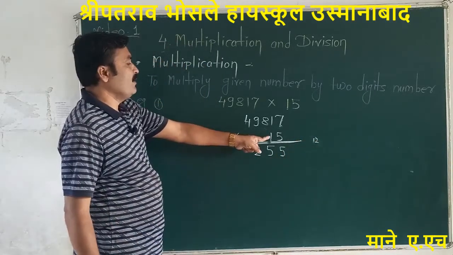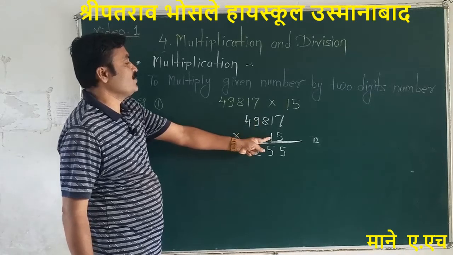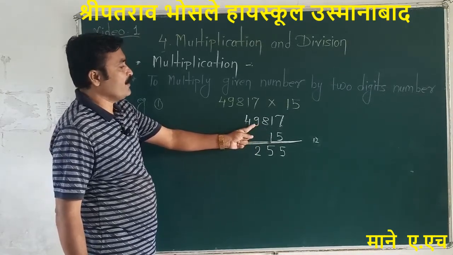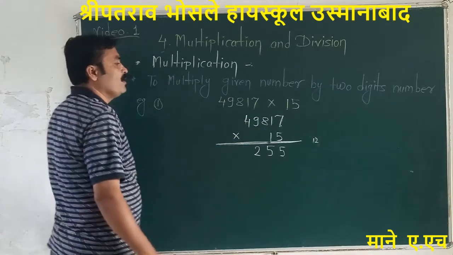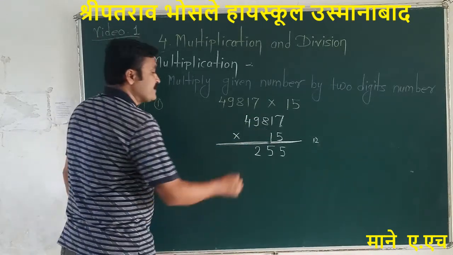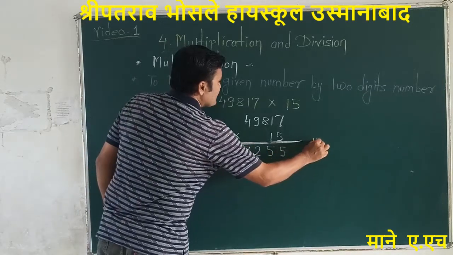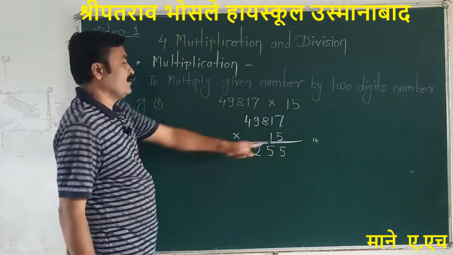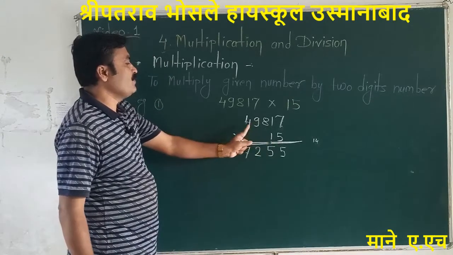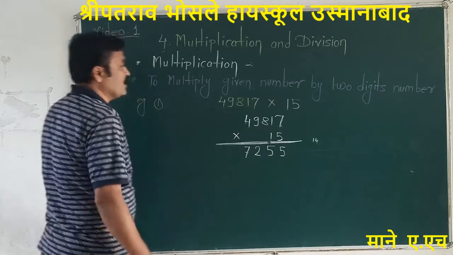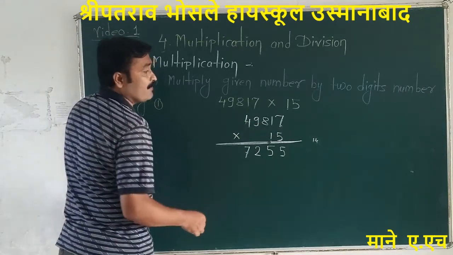Next multiply 15 into 9, 15 nines are 135, 135 plus 12 is 147. So write 7 here, and 14 is taken as a carry. Now last multiplication, 15 fours are 60, 60 plus 14 will be 74.